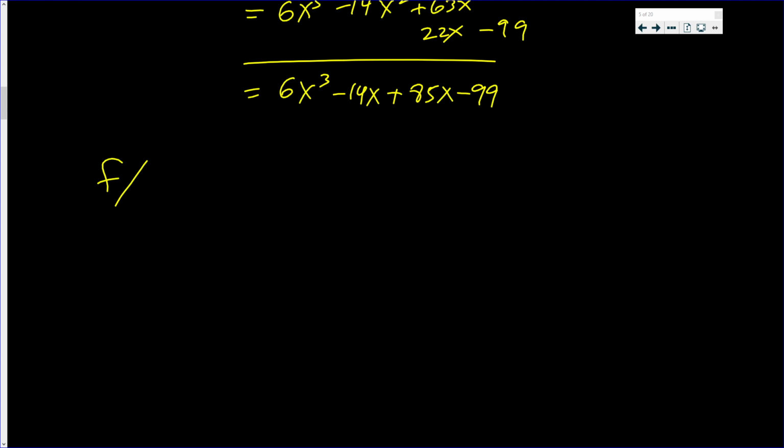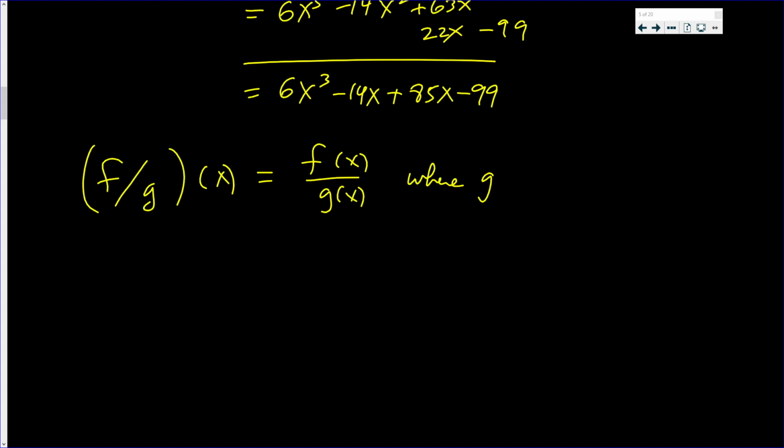The last one, before the harder one, f over g of x is equal to f of x over g of x, where the bottom is not 0. It's something other than 0.